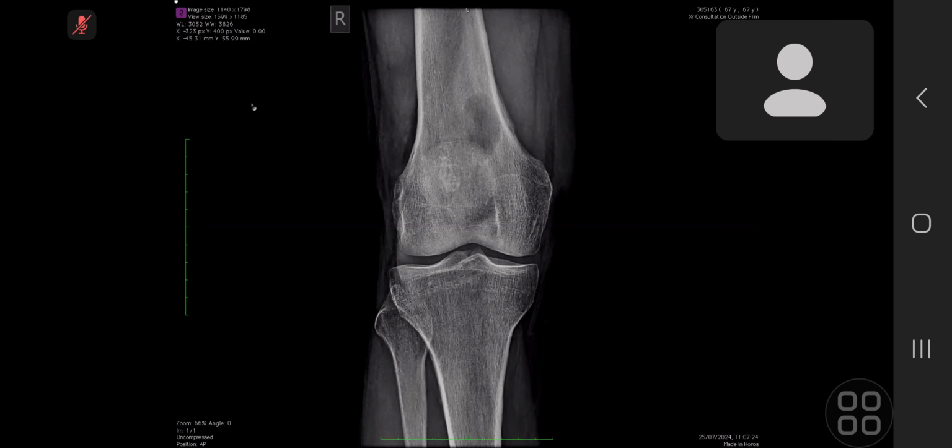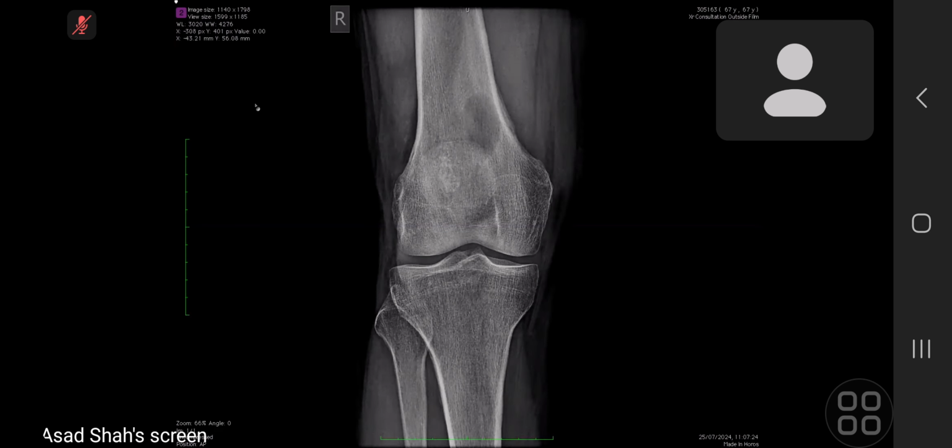I would like to keep that as a possibility, because I don't see any obvious chondroid matrix, and it can't be GCT also because the site is not typical for that. Besides this, I think it can be a Brown's tumor. I can think about that also, considering if the patient has a history of hyperparathyroidism, which I would like to know from the background details of the patient.